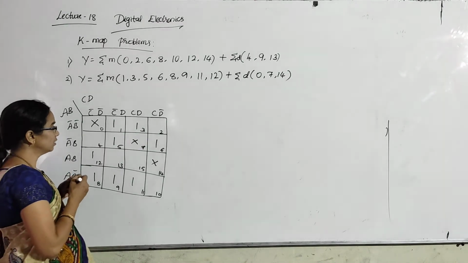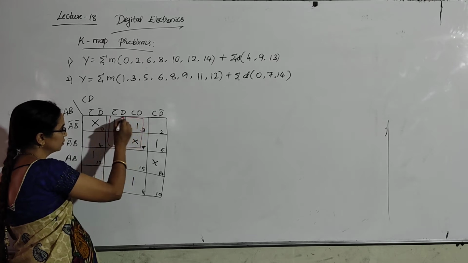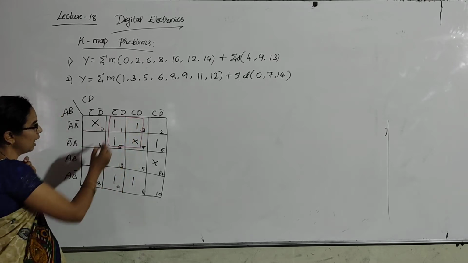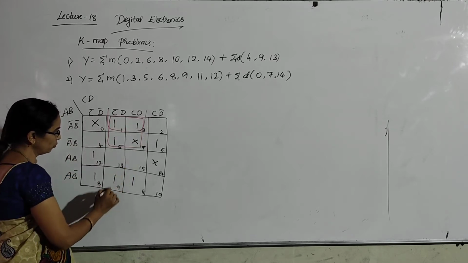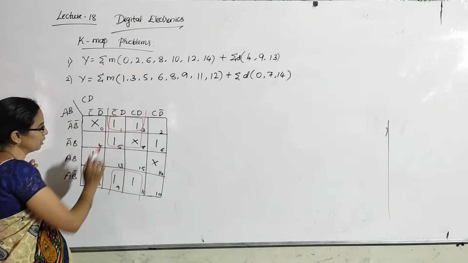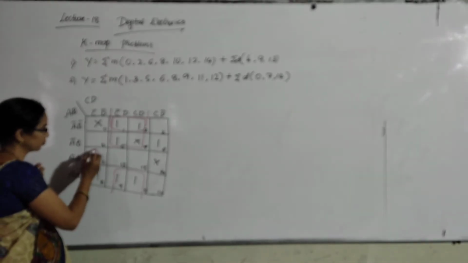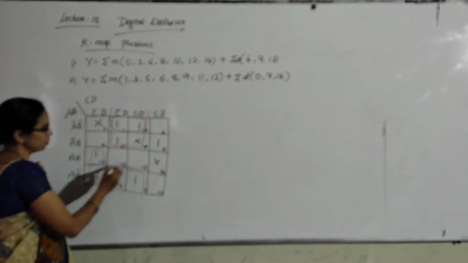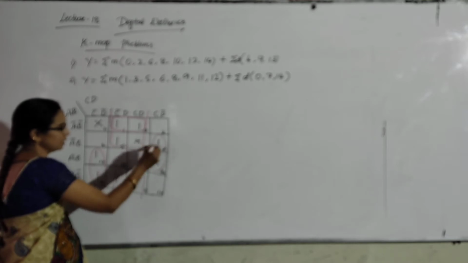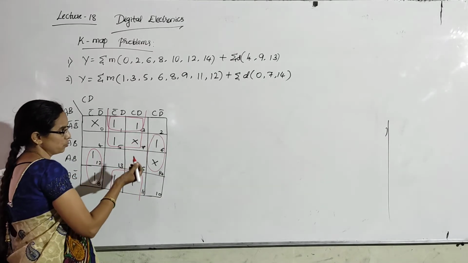See here, you can make this as a quad, right, and the above 2 and bottom 2 rows become the second quad, and the third one will be this one, and the fourth one will be either this or this, any one of these. I will do this one.